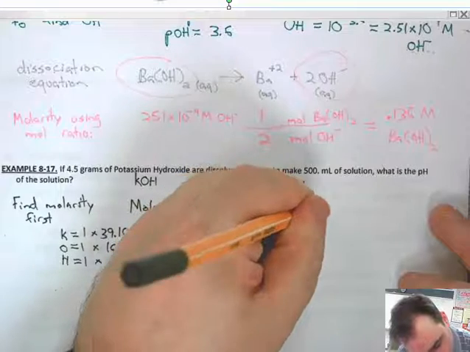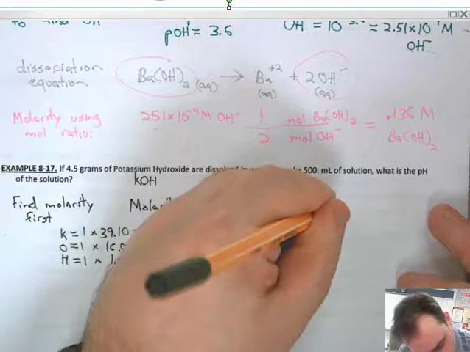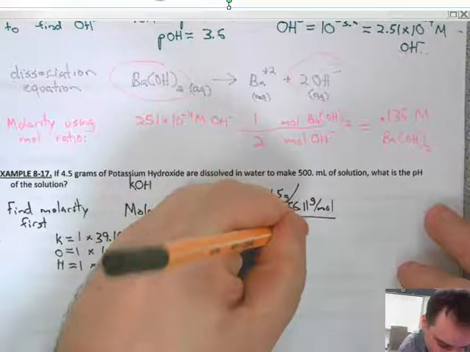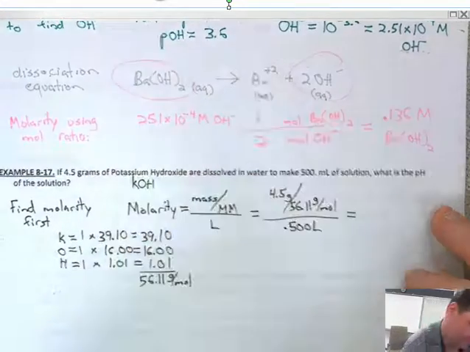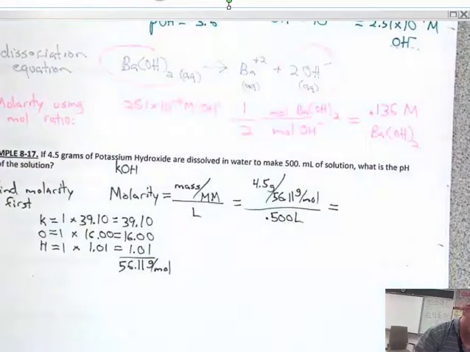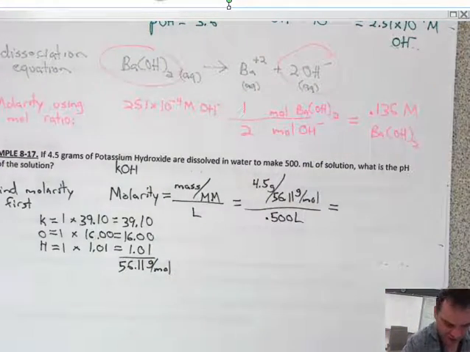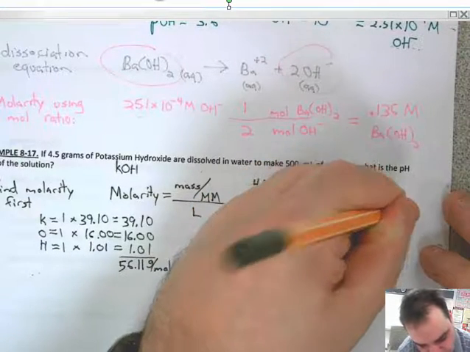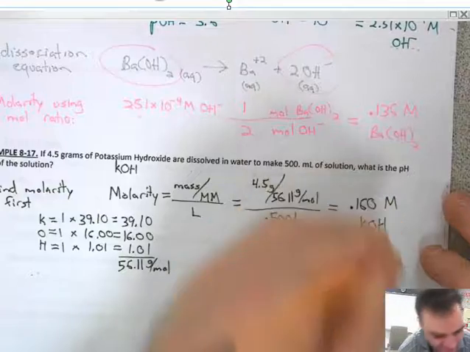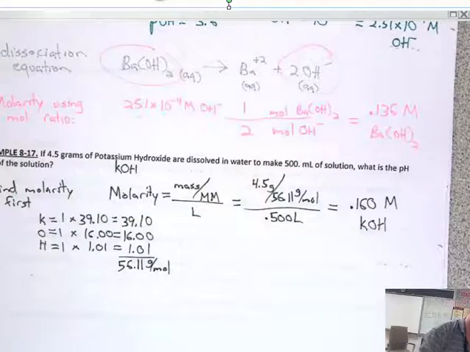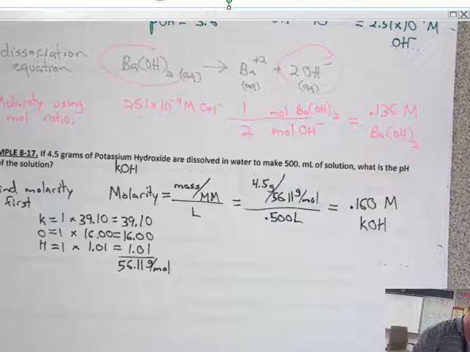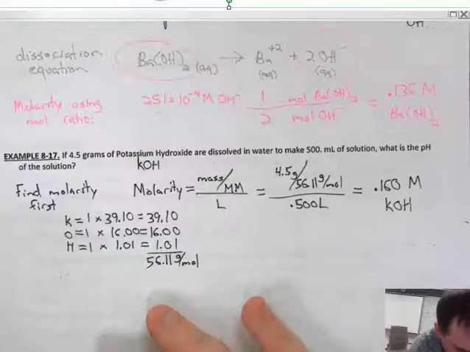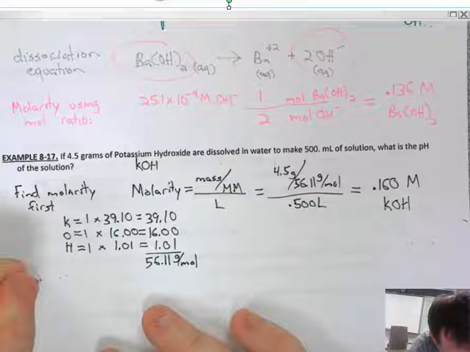So 56.11 grams per mole over 500 milliliters, which is really 0.500 liters. You solve that, and you end up with 0.160 molar KOH. Okay, next thing you do here, have to do the dissociation equation.